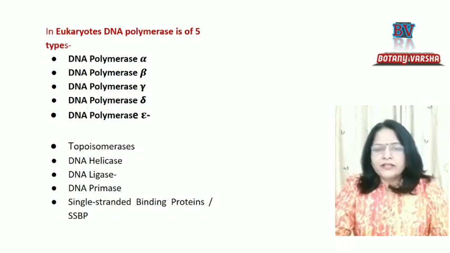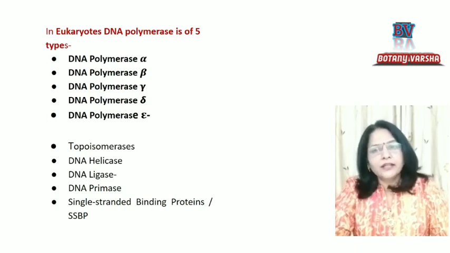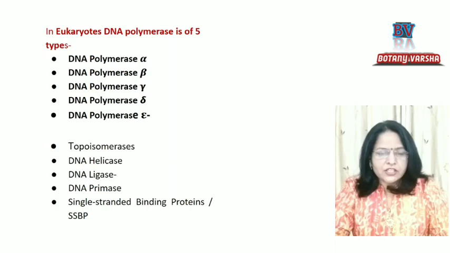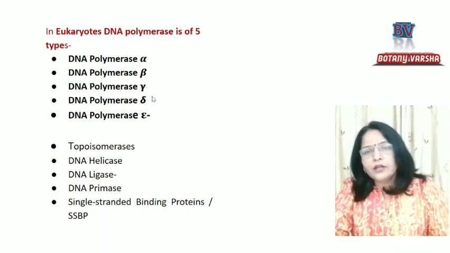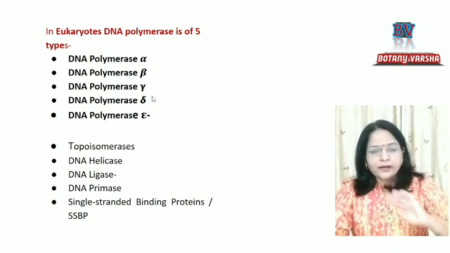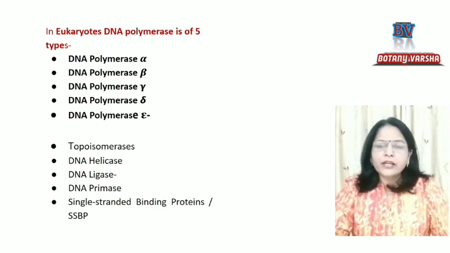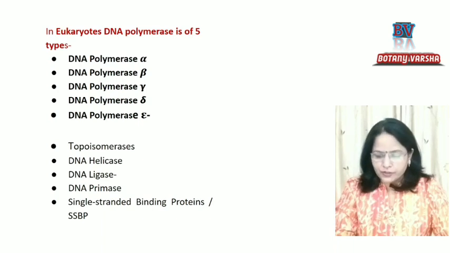DNA polymerase gamma performs the function of DNA replication in mitochondria. DNA polymerase delta performs the actual DNA replication in eukaryotes. And DNA polymerase epsilon performs DNA replication during the budding of yeast.